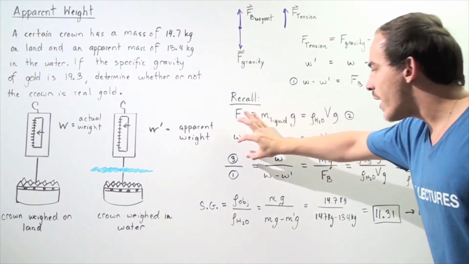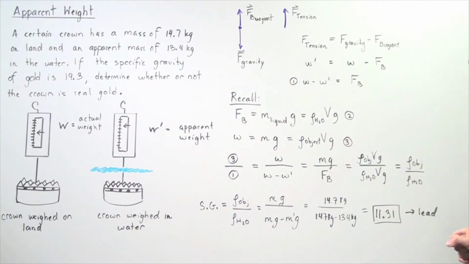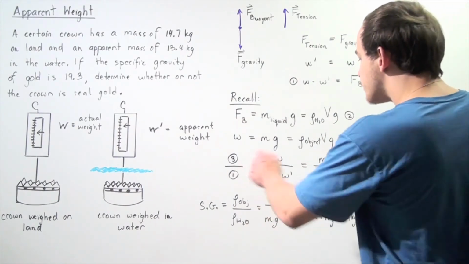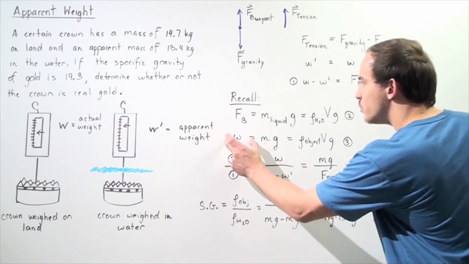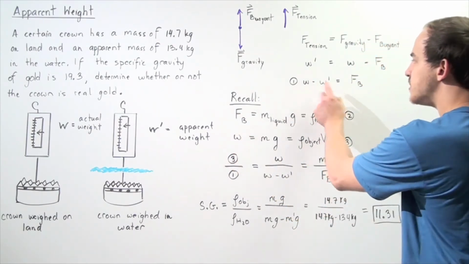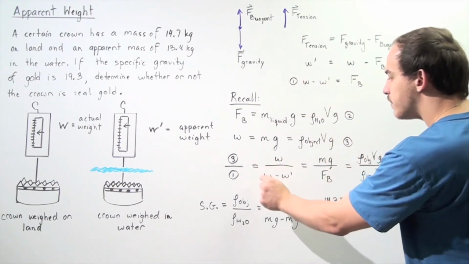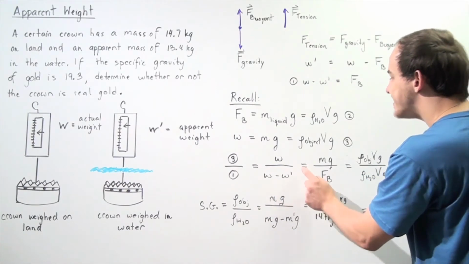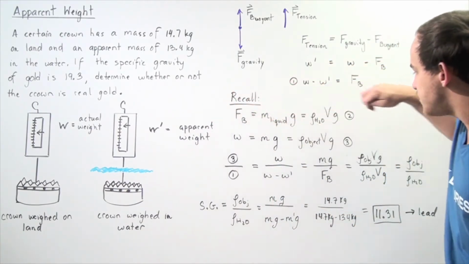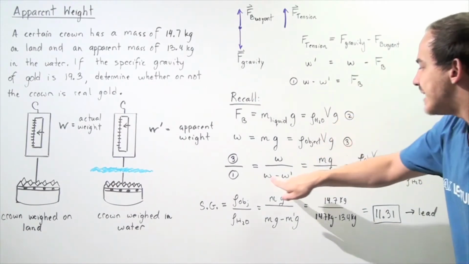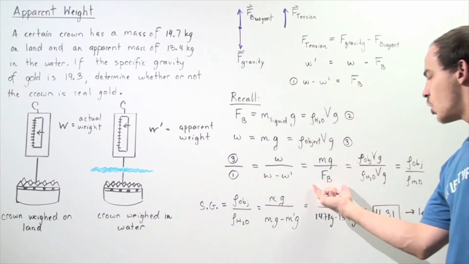So we take equation 3 and we divide equation 3 by equation 1. So we get the following result. Our actual weight of the object W divided by the difference between the actual weight and the apparent weight, W minus W prime, is equal to, so W is equal to M times g, and W minus W prime is equal to F_B, shown here.